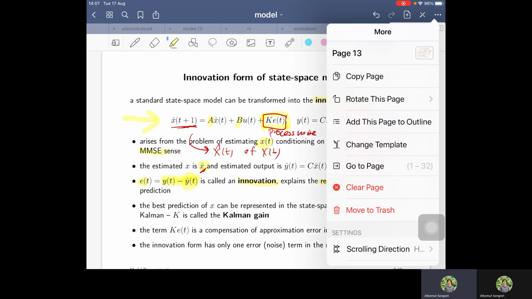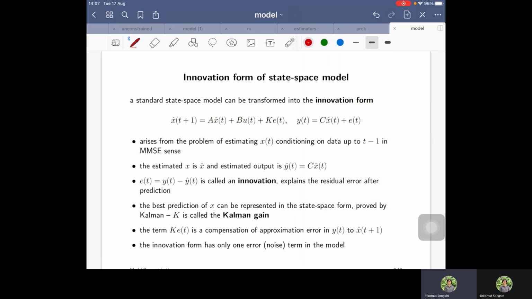So the innovation form basically suggests the observer form of x, and the information used is actually the error. You perform the prediction, the estimation, and compensate the error in the state equation by allowing this matrix K, which is called the Kalman gain, to compensate such error.